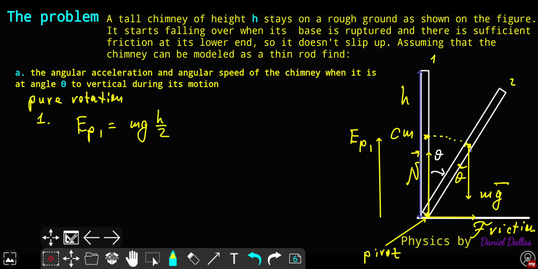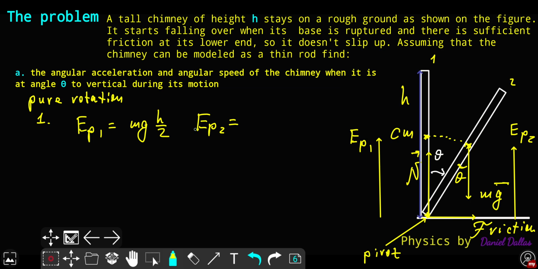So what about position 2? Position 2 corresponds to another potential energy, which is right there, and this is the potential energy in position 2. So what about the height? The height definitely is lower, so that's why the potential energy in position 2 is lower than in position 1.